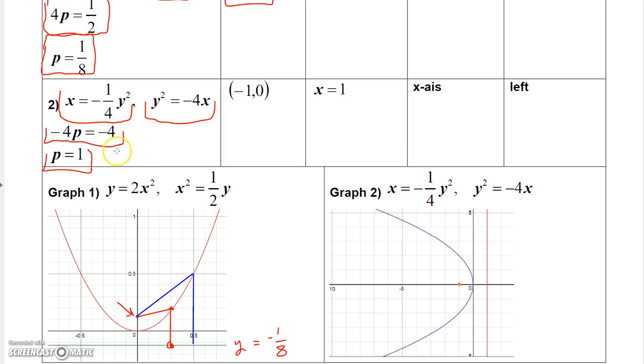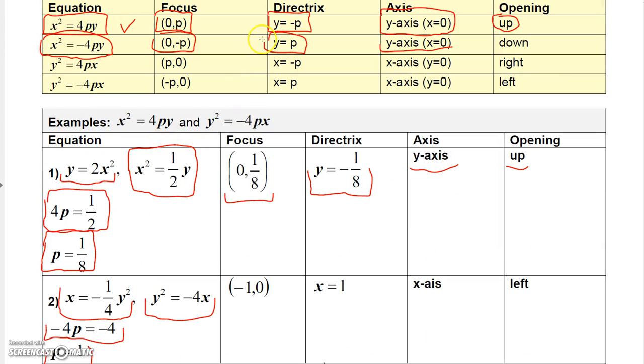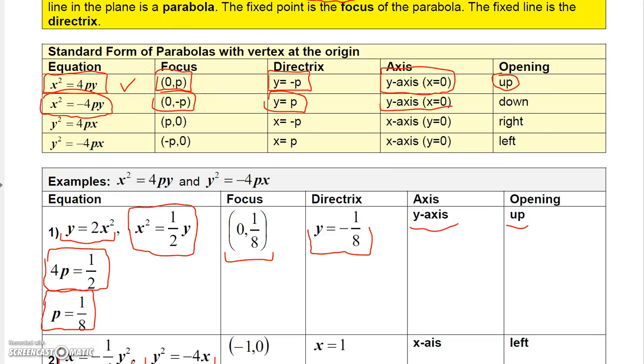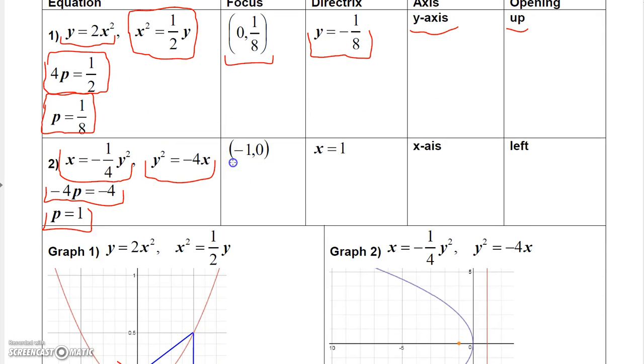So the focus is actually the point (0, -p)... That should be the other way around. It should say (-p, 0). I'm sorry, that's the wrong one. Never mind. We're dealing with this one. So (-p, 0) is the focus. That would be the point (-1, 0). Sorry about that.